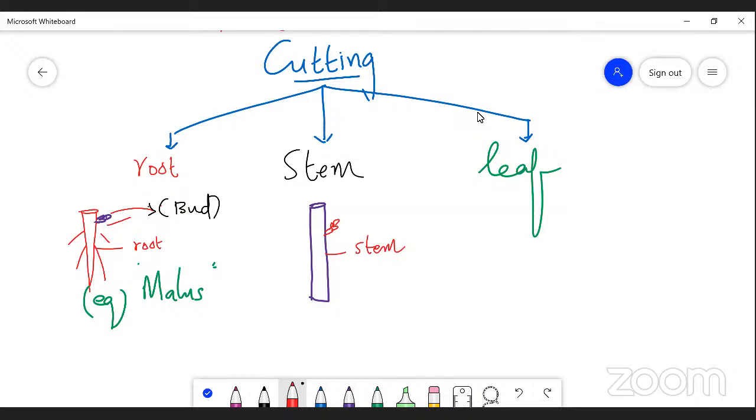For stem cutting, I can give some examples: Hibiscus rosa-sinensis, Bougainvillea, and Moringa.